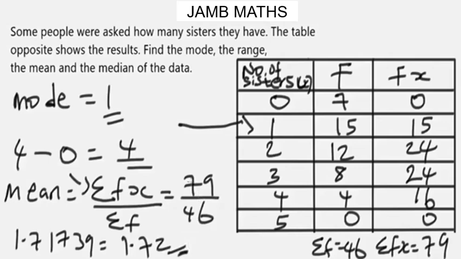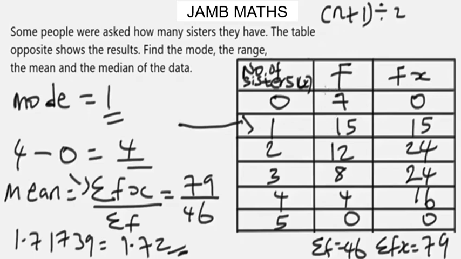Now lastly, for the median. This is a formula you can apply to reduce your stress for the median of the frequency table. The formula is n plus 1 divided by 2, where n is the summation of the frequency, our sigma f.